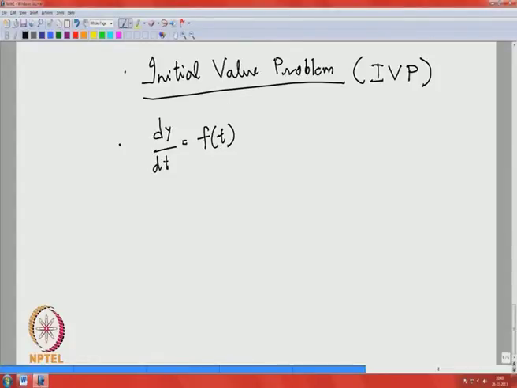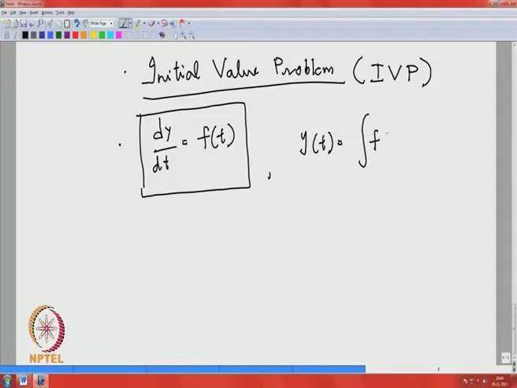When you are given such a relation, the integral calculus problem tells you that, given f, you want to solve for y of t, and formally you can write it as the integral of f of s ds, or f of t dt, it does not matter, plus a constant.